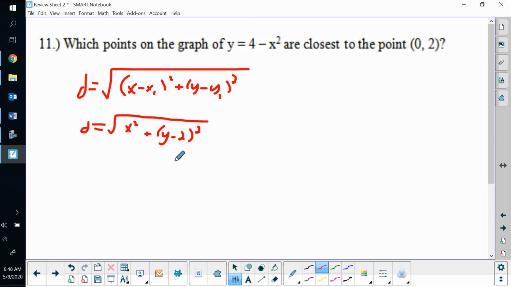So this is what we're trying to minimize. So this is the equation we want to sub into. Our other equation in this one is just the equation of our graph, so we sub that in for y.